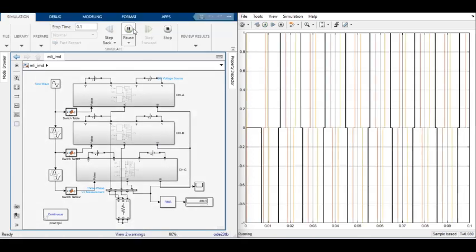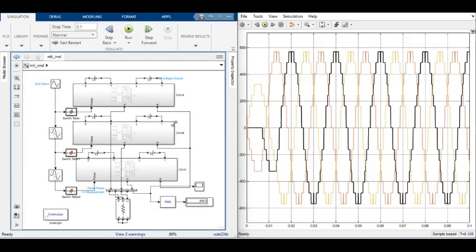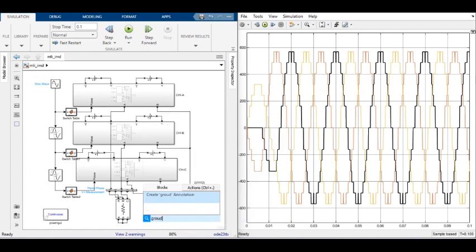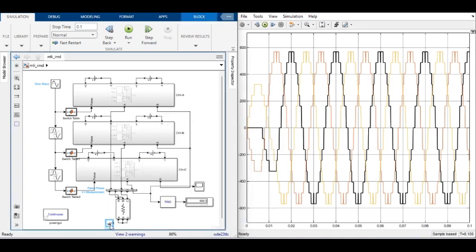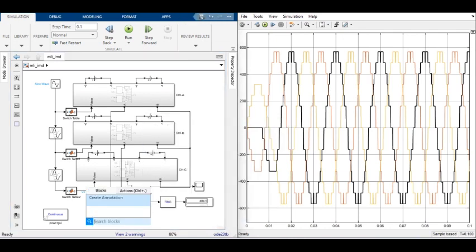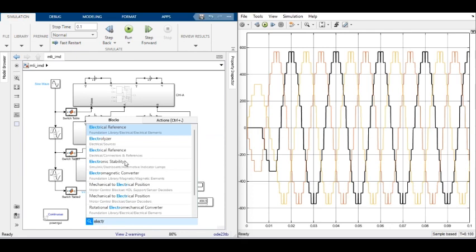The simulation is run to see the phase and line voltage of the inverter circuit. The output voltage is analyzed for the different magnitudes of the sinusoidal voltage reference signals.